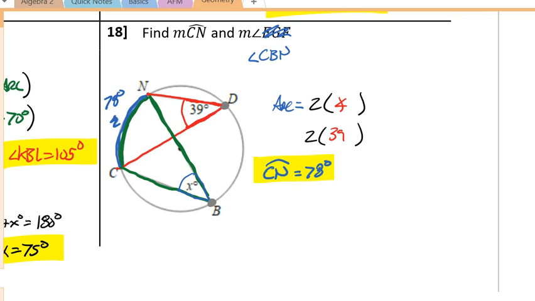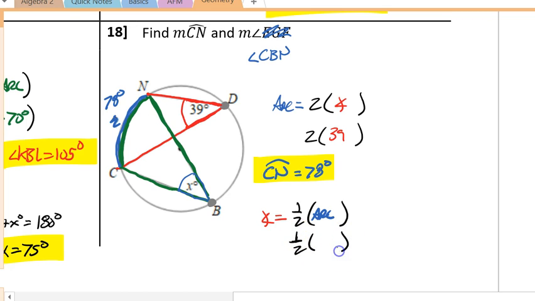So I know that this angle measure is equal to 1/2 of the arc that it intercepts. So I simply need to take half of the arc measure, which was 78, which gives me that angle CBN is actually equal to 39 degrees.